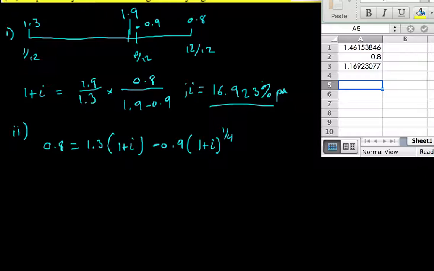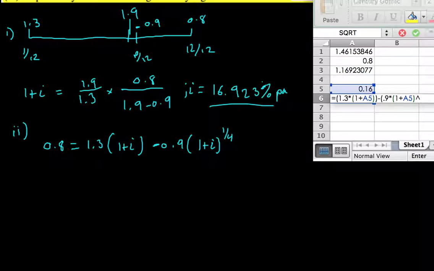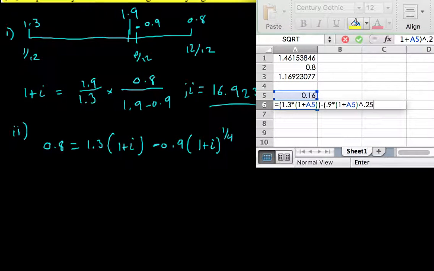Let's say A5 is the cell we care about. Let's start at 16% or something like that, and set it equal to 1.3 times 1 plus that, minus 0.9 times 1 plus that to the power of 0.25.